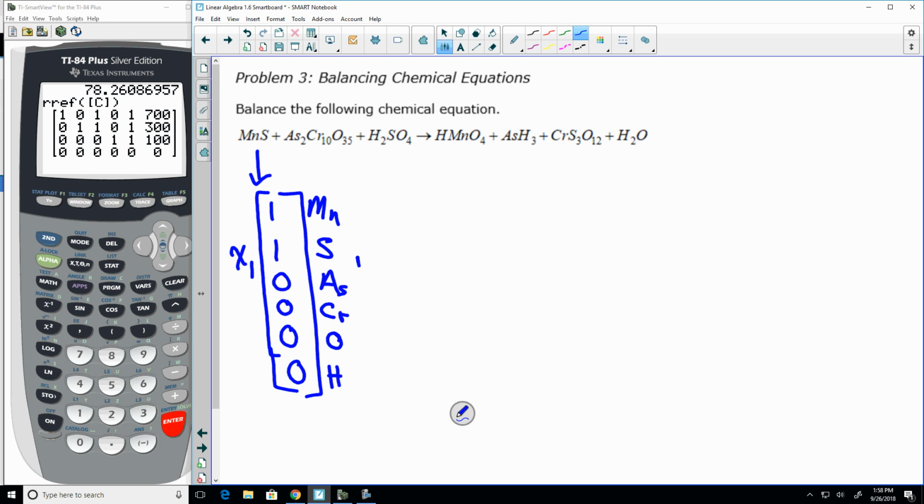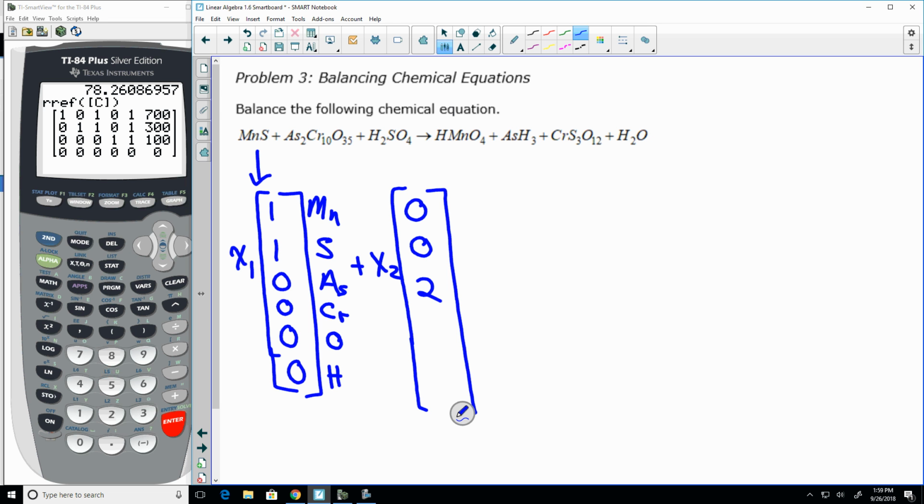Okay, and we're going to say, well, plus x2 is how much we have of the second molecule. Again, I need to go further. Okay, so it does not have any manganese. It doesn't have any sulfur. It has 2 arsenic, that's that 2 next to it.